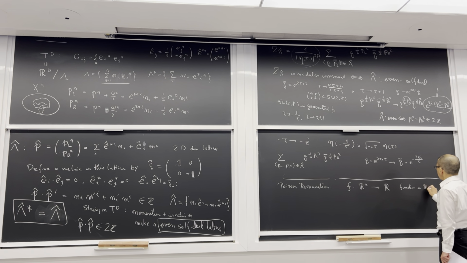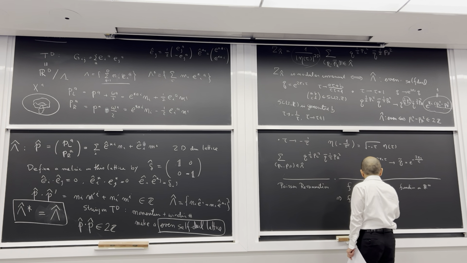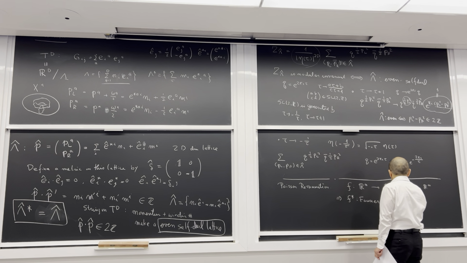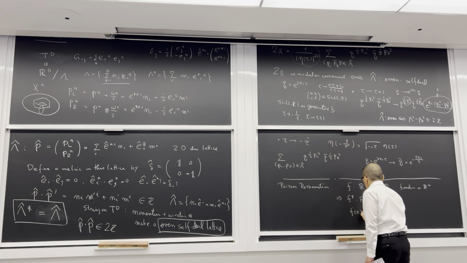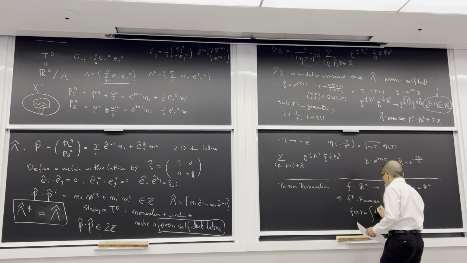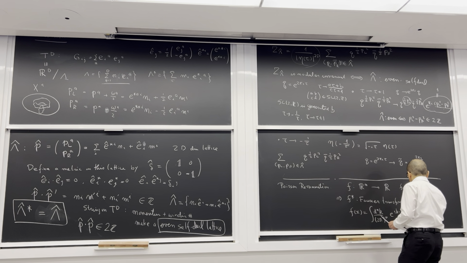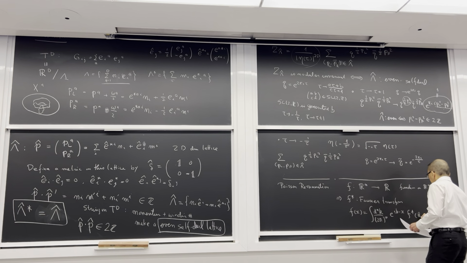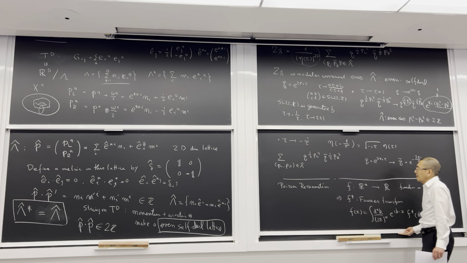Then we can define the Fourier transform of this function by saying that f of x is an integral over momentum k of e to the i k x times f tilde of k. Right. So this is the definition of the Fourier transform. Okay.